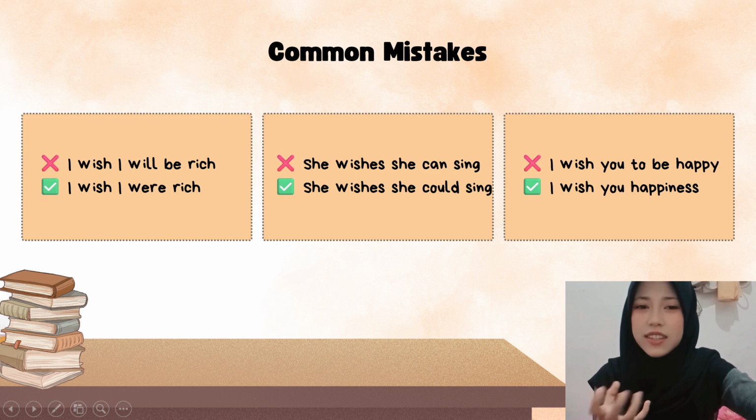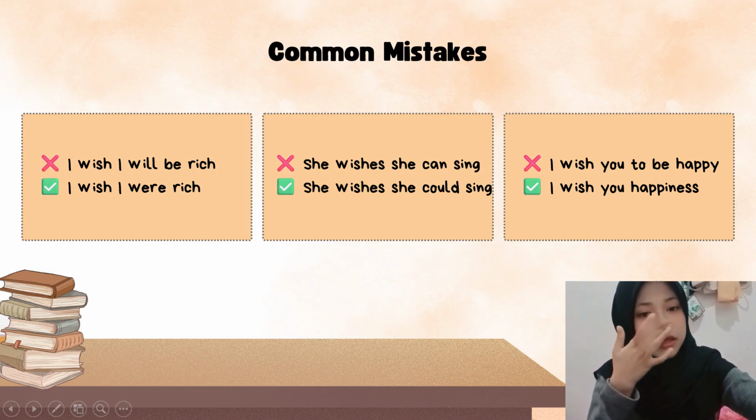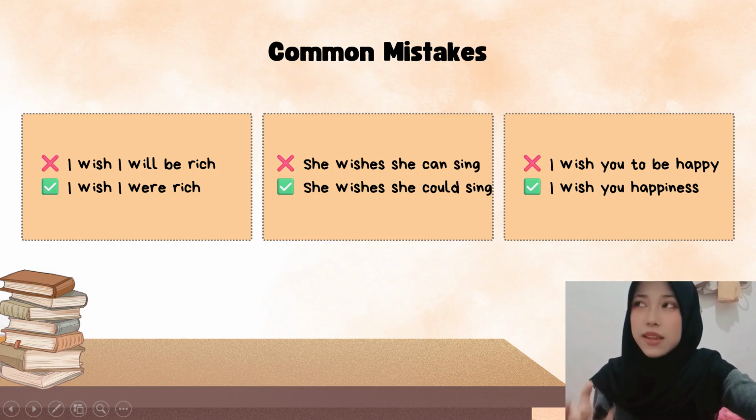So the correct sentence is she wishes she could dance. And the last mistake is I wish you to be happy. But in polite expressions, wish is not followed by to plus verb. So the correct sentence is I wish you happiness. Like that. So the key point is to remember the correct structure after wish. Using the wrong tense can change the meaning or make the sentence incorrect.